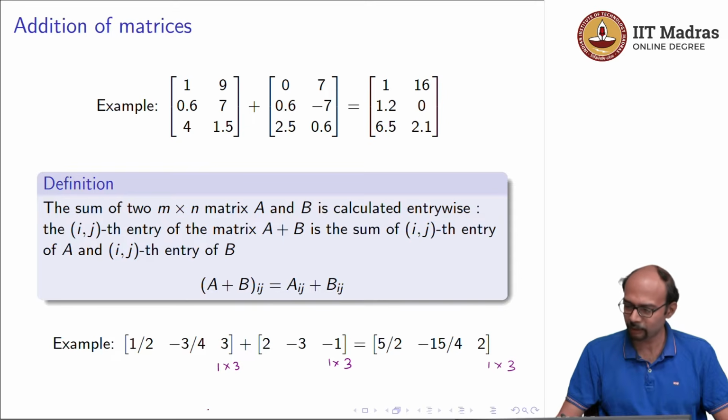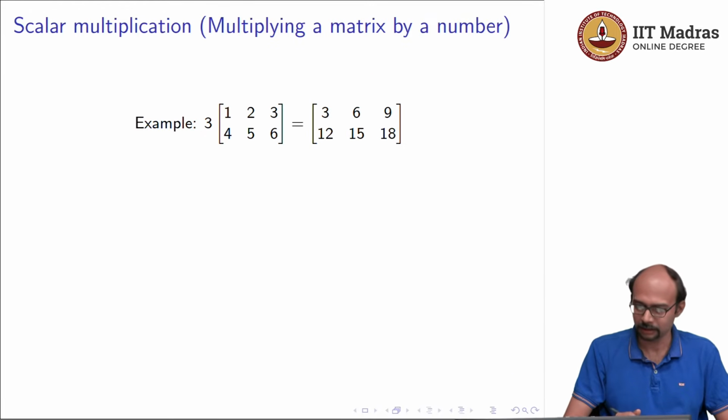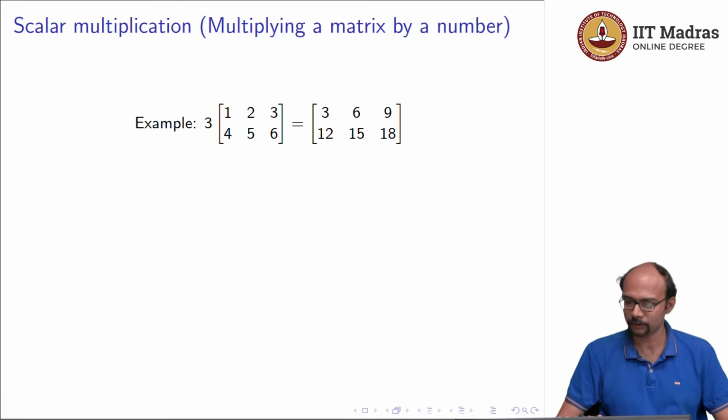For the second entry, we have -3/4 minus 3, so we get -15/4. And for the third entry, we have 3 minus 1, which is 2. So the addition of matrices is fairly easy. I hope you are getting the hang of this.